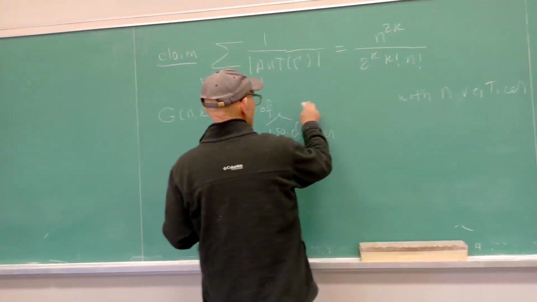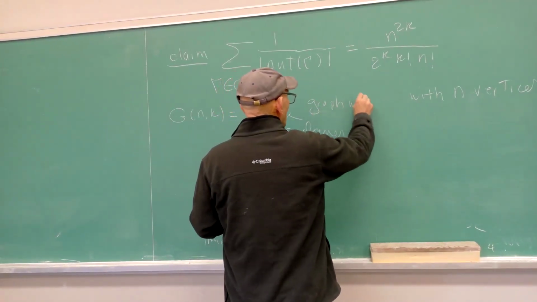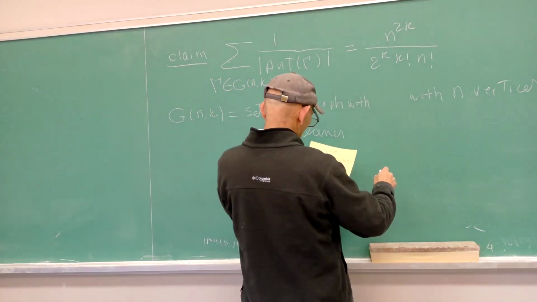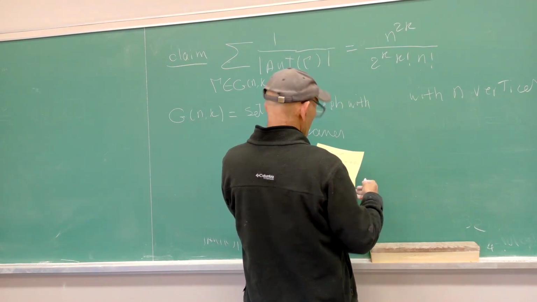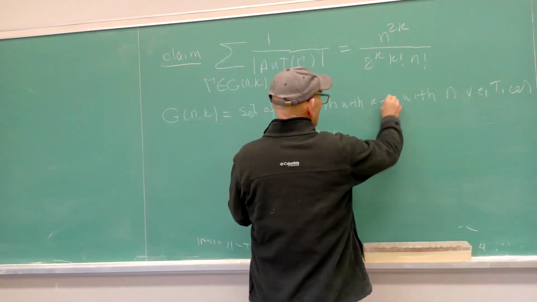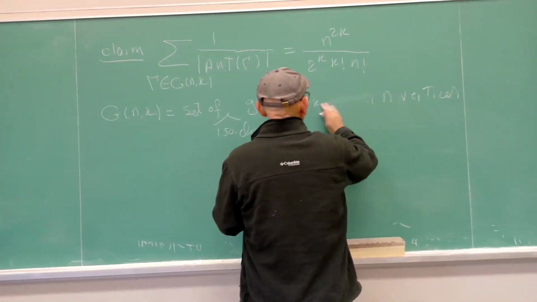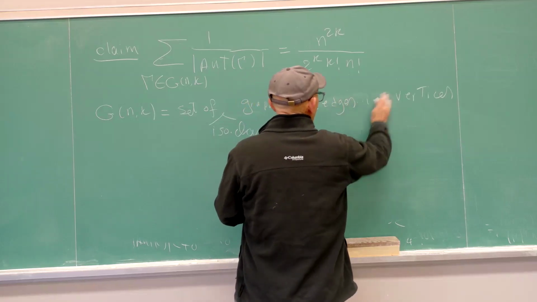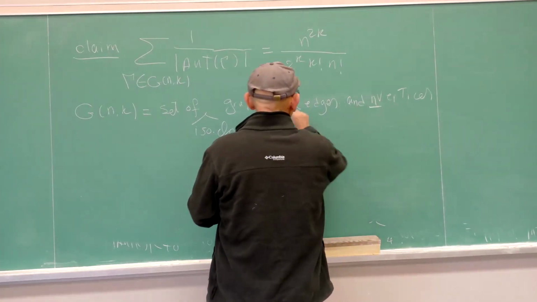Set of adjoint classical graphs with k edges, and n vertices.